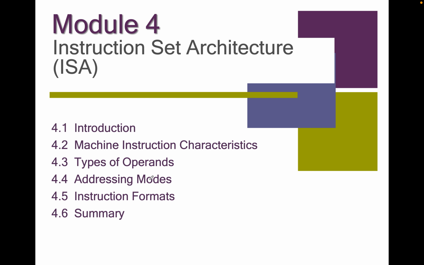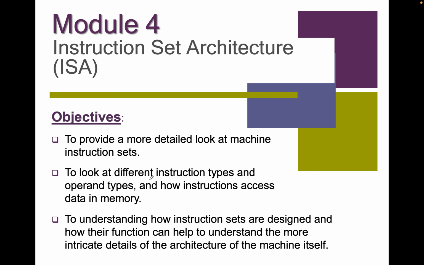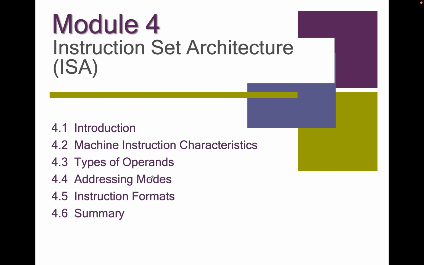Okay, basically our module 4 is under instruction set architecture, ISA. What we're going to cover here, of course, is the introduction and summary, and in between we're going to learn about machine instruction characteristics, types of operands, addressing modes, and instruction format.